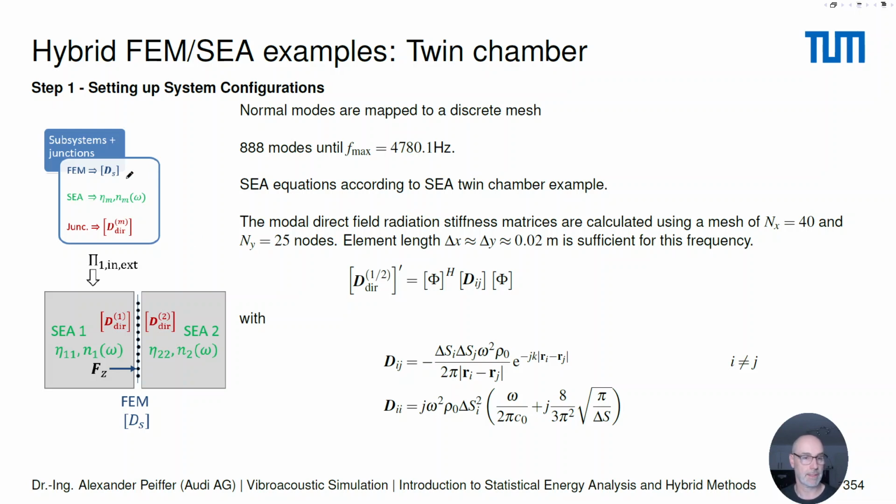So what are we doing in step one? We are just setting up the FEM matrix, which means understanding the dynamics of this inner field. We are setting up the SEA matrix, which means we are deriving the damping loss factor and all the coupling loss factors, using the damping loss factor and the modal densities from the equations that are relevant for cavities, shown here.